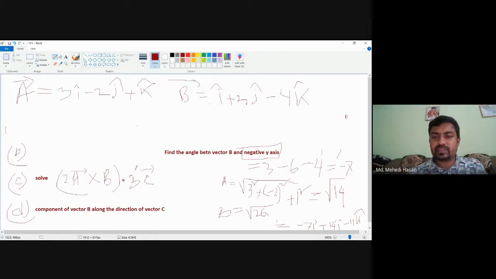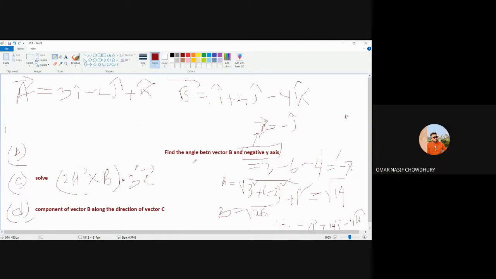This part negative y-axis, you can consider this is a new vector, say vector d, and this is equal to minus j. So now the question is basically find the angle between vector B and vector D. So here B is given I plus 3j minus 4k, and vector D is minus j.